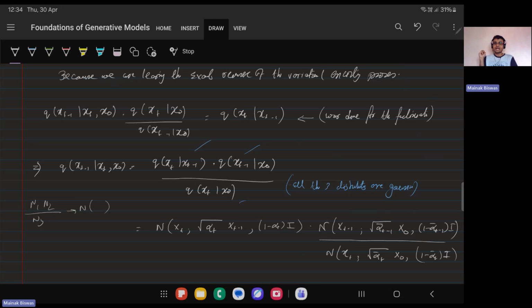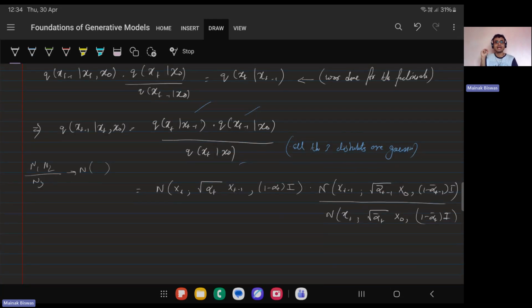Okay, so now if I have these terms over here, we know that we will have a list of exponents and leading terms. So let us try to write this down. Look at this. What is this going to be? It is going to be 1 by 2 pi to the power d by 2. And this is the identity matrix, the determinant of an identity matrix you can just take as 1, right?